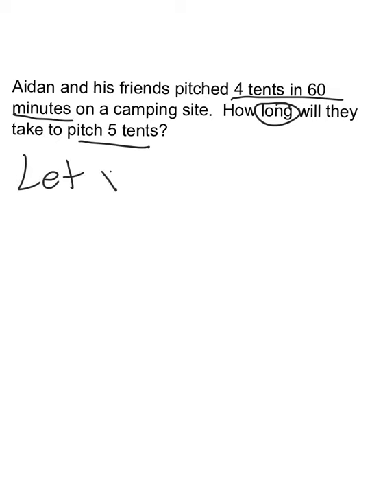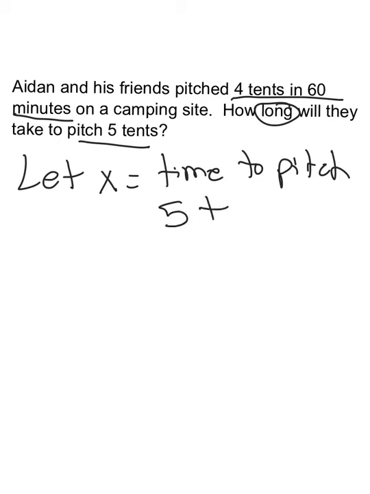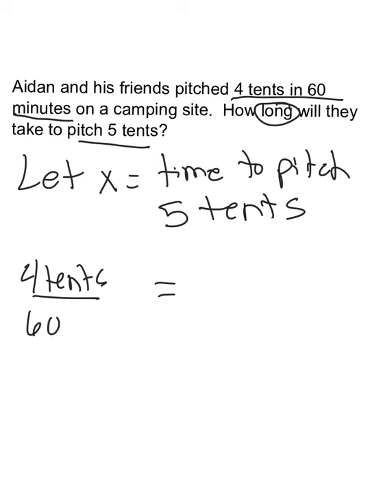Let x equal time to pitch 5 tents. My first fraction needs to be my complete ratio. 4 tents over 60 minutes. It does not matter which one's your numerator or which one's your denominator when you use cross multiplication.